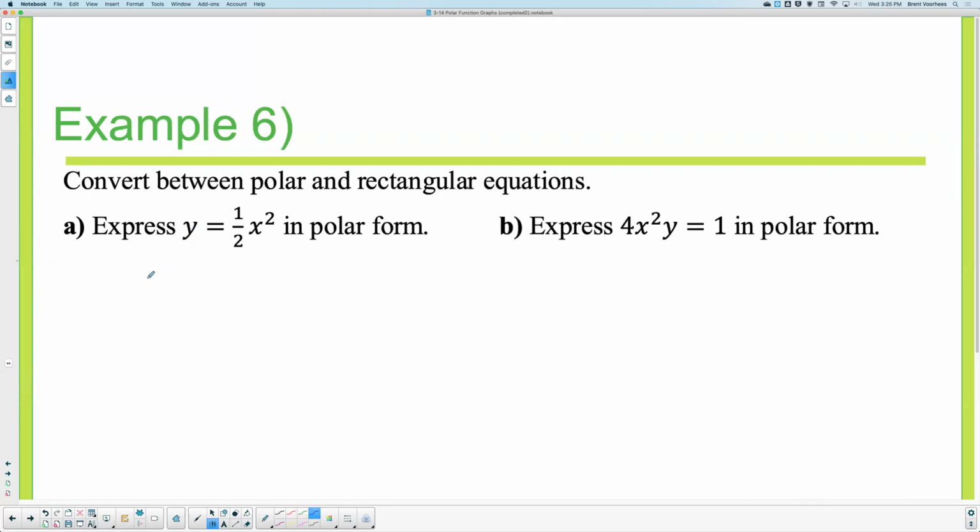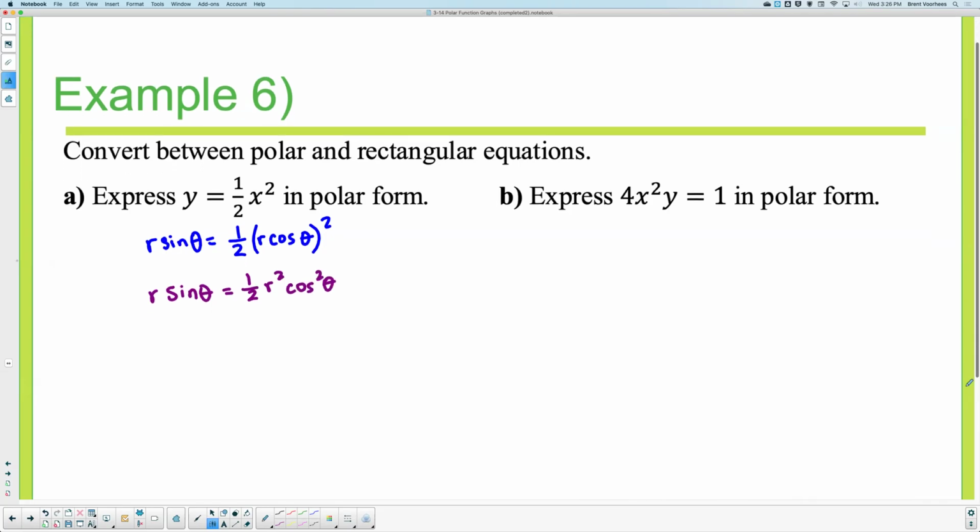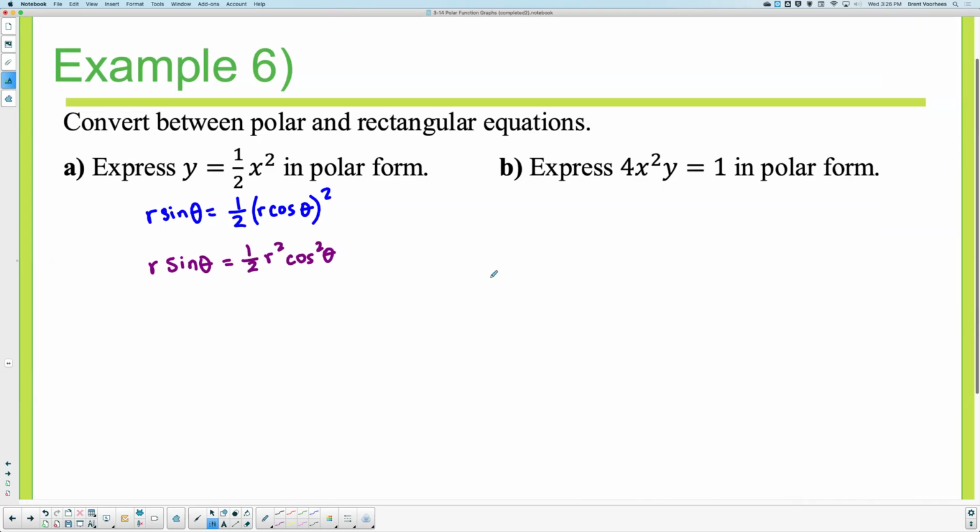What I'm going to do is say y is equivalent to r sine theta, which means x squared is the same thing as r cosine squared theta. And how you would solve this is you would have to isolate the r value. So it would be r sine theta equals 1/2 r squared cosine squared theta. I'm going to get my r's on the same side of the equation so I can do a GCF or factor, or excuse me, I have a squared over here.